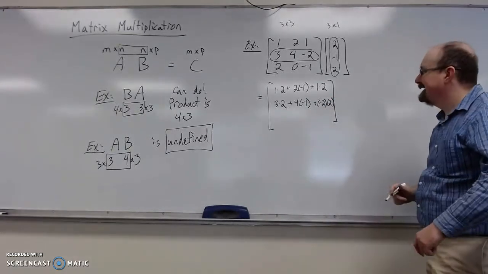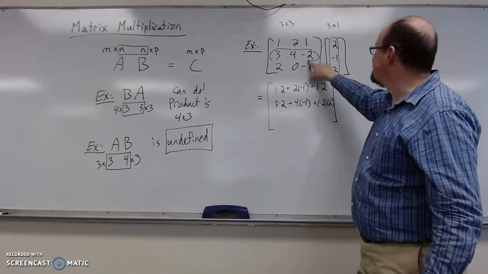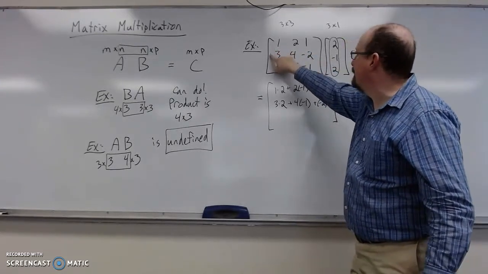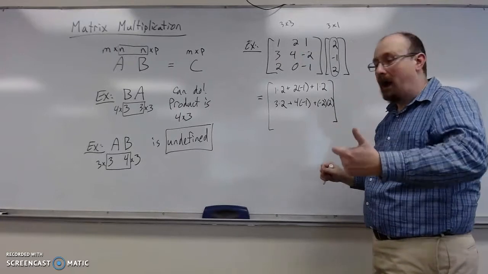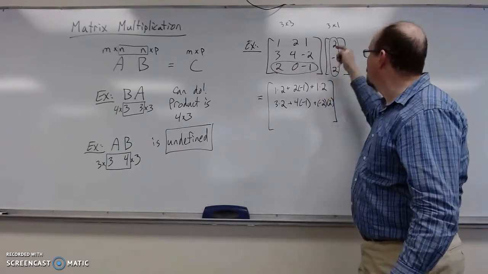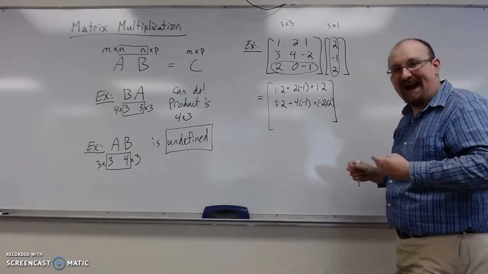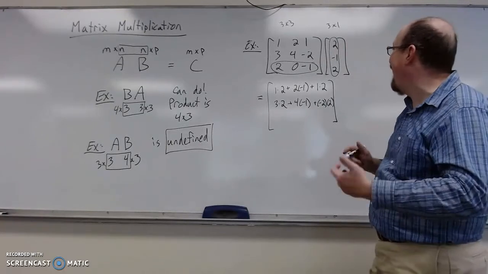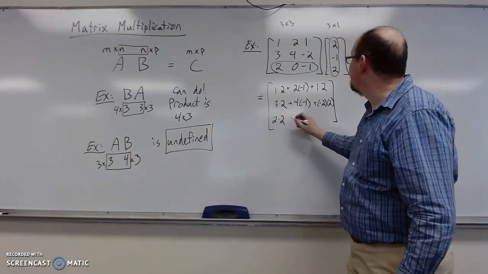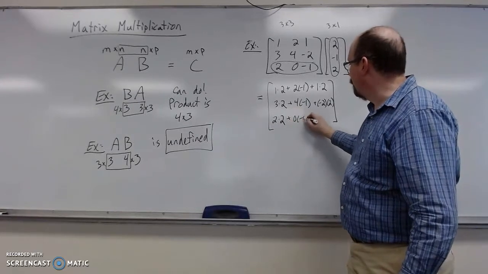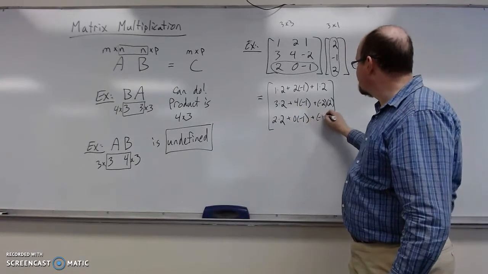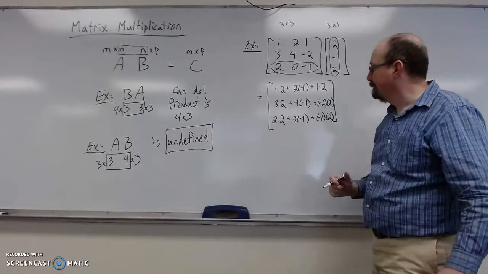You do this one last time for the bottom entry. Again, that's row 3, column 1. We march down, doing multiplications and then add up the results. So we have 2 times 2 plus 0 times -1 plus -1 times 2.